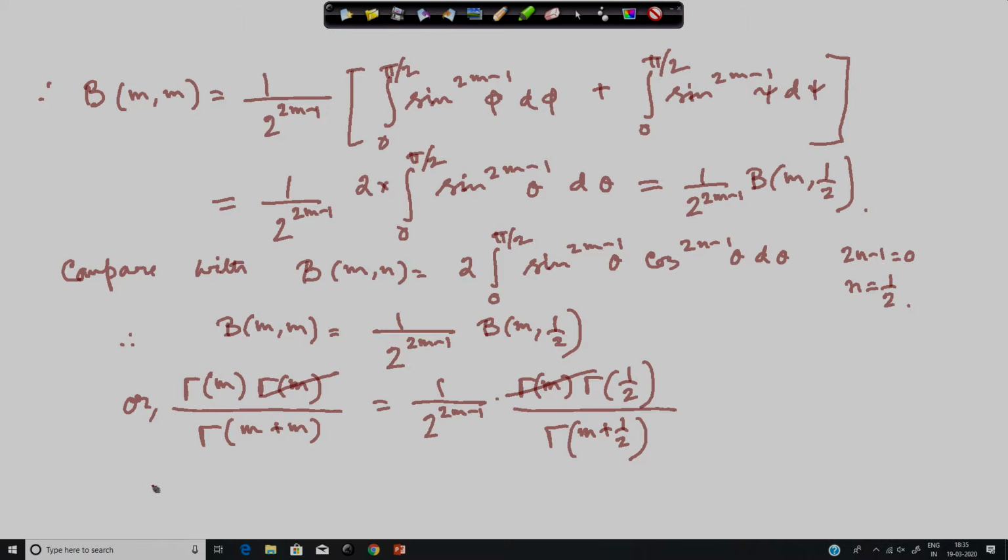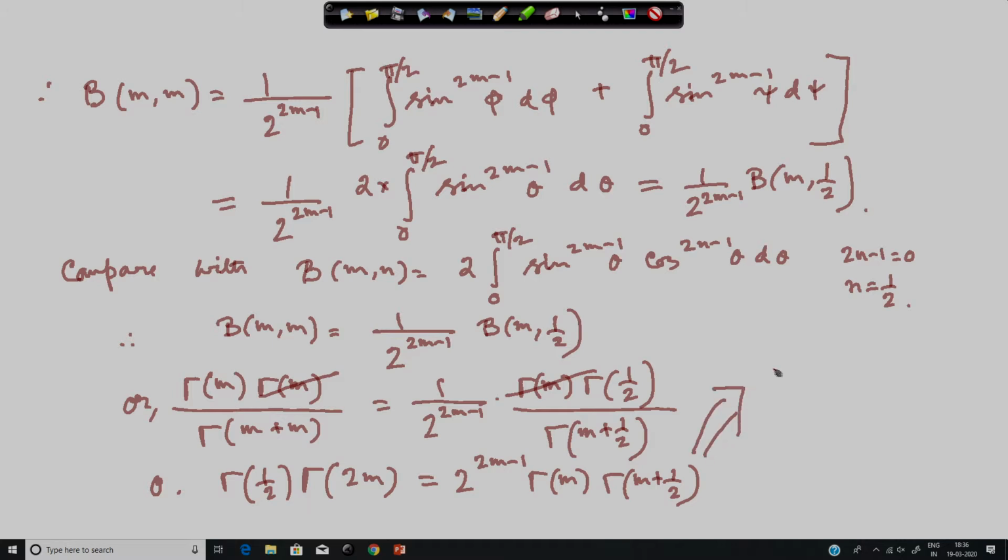Therefore, we have gamma half gamma 2m equal to 2^(2m-1) gamma m gamma m plus half. But gamma half we know is root π. So, this implies root π gamma 2m equal to 2^(2m-1) gamma m gamma m plus half.